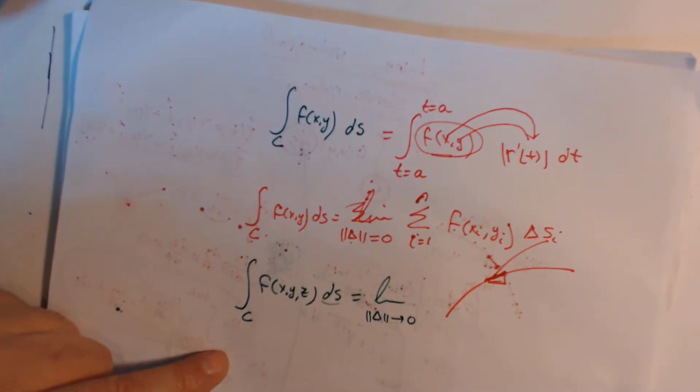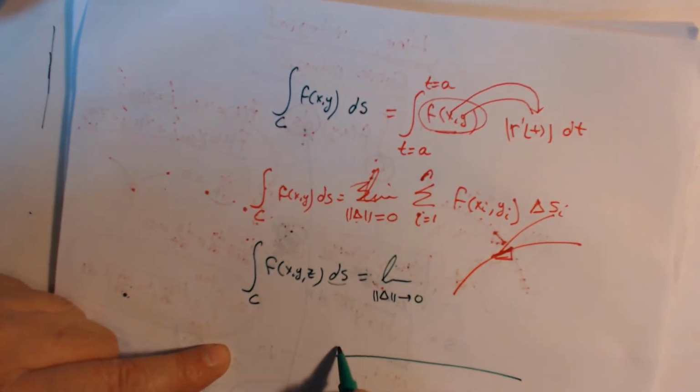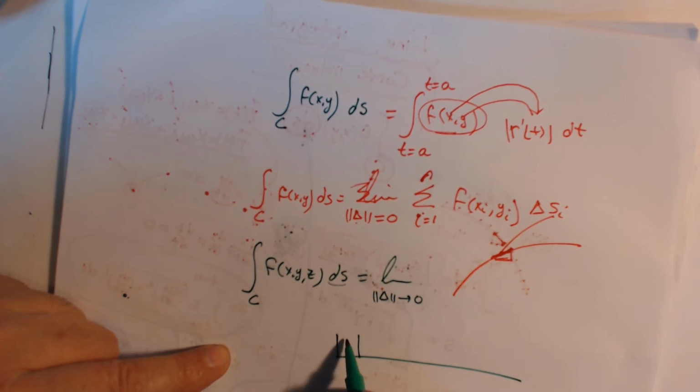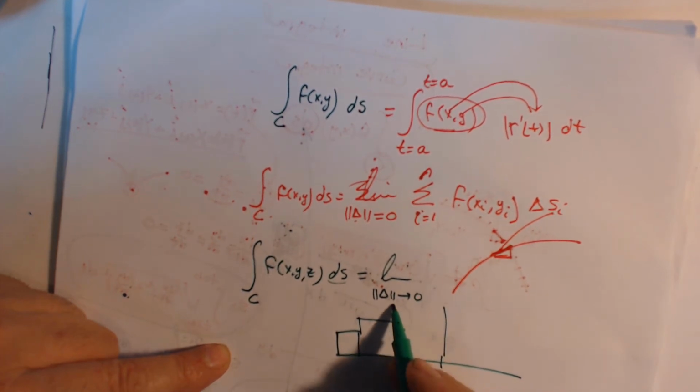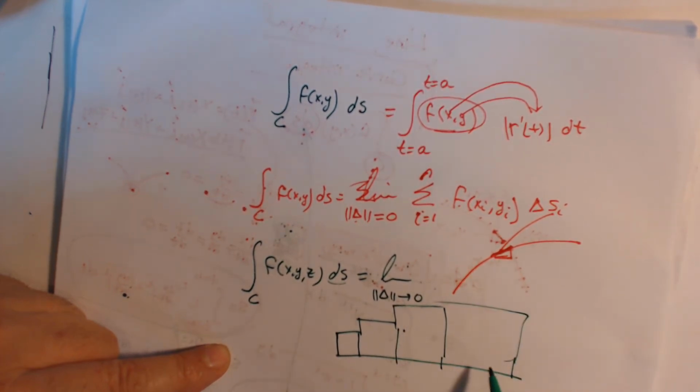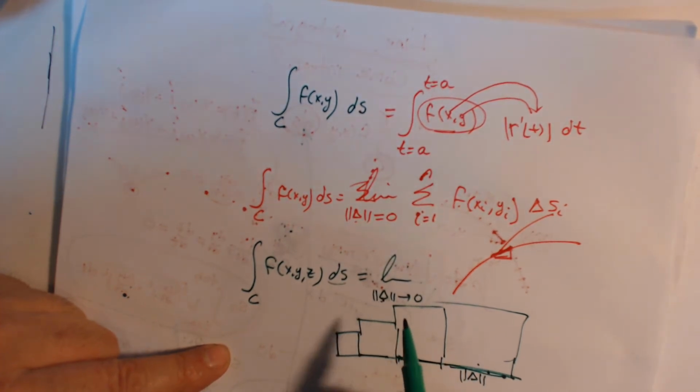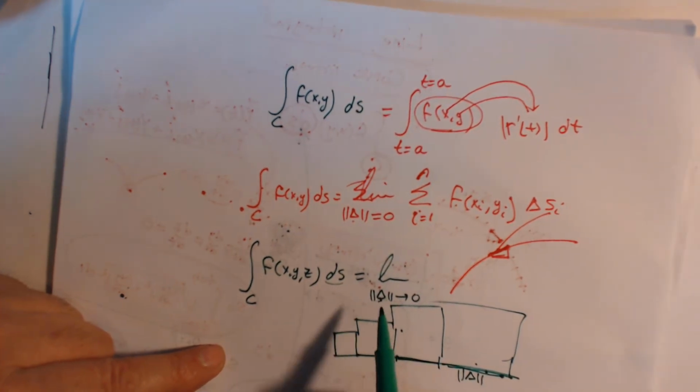In calculus 1, you understood if you have a rectangle, but as you go forward, the dx gets bigger and bigger. The norm means the largest one has to approach 0. If the largest one approaches 0, then I bet you this one approaches 0 long before the others do. That is called the largest change in t right here.